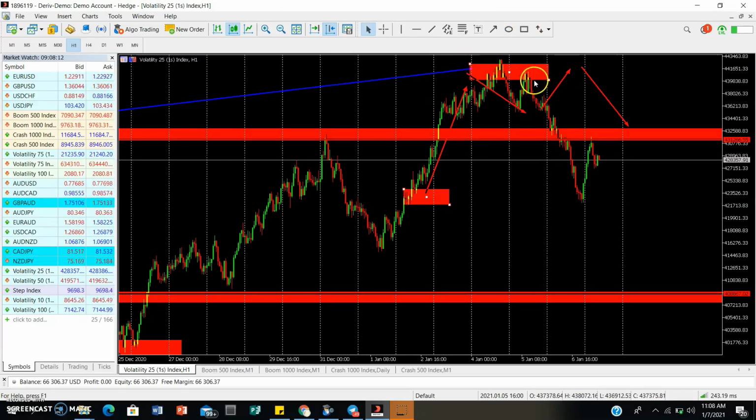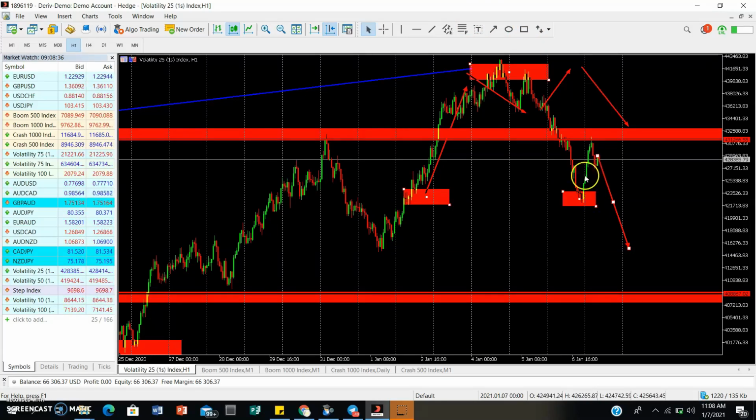This is a peak formation, an M formation for some, or the high of the month for some, a high of the day. And we have seen that price has retested this point, right, which is our resistance. So we are expecting price to correct and start pushing back down to make this another peak.